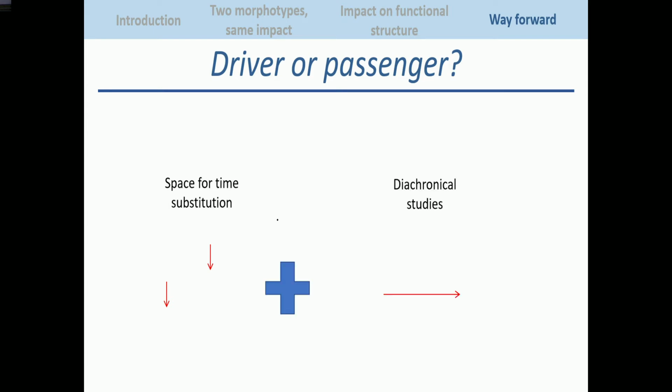So a way, and sorry there are no pictures here, I don't know what's wrong with the presentation, one thing would be to somehow go back in time, although not physically, but to combine the space for time substitution with diachronic studies, meaning using plots that were done in more or less the same communities in the same places, but before the invasion, before the introduction of Carpobrotus.